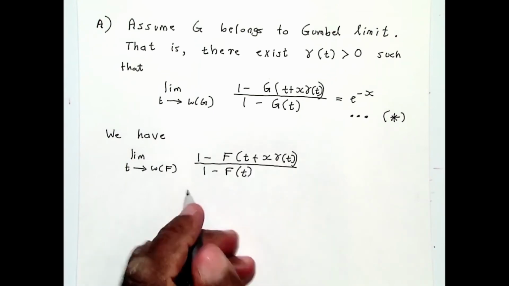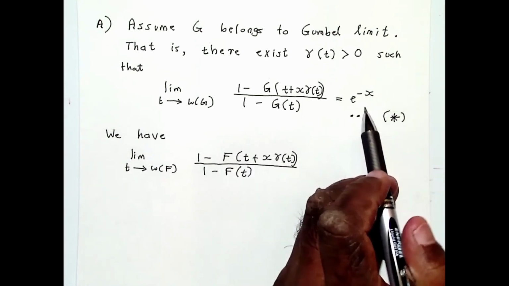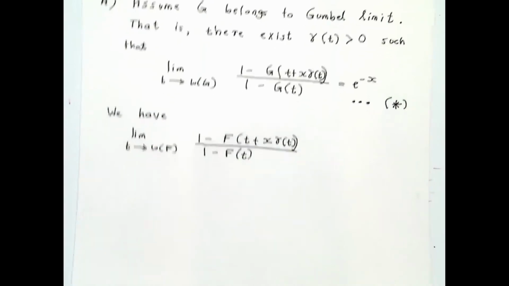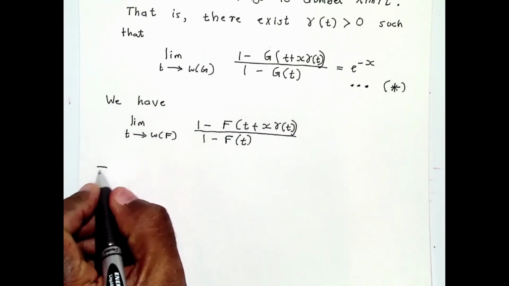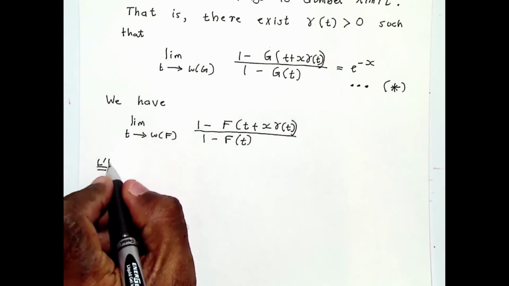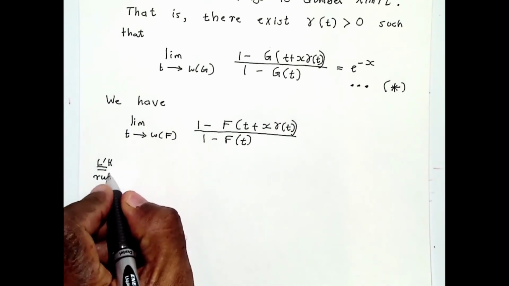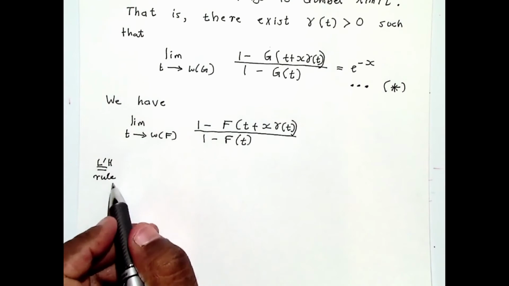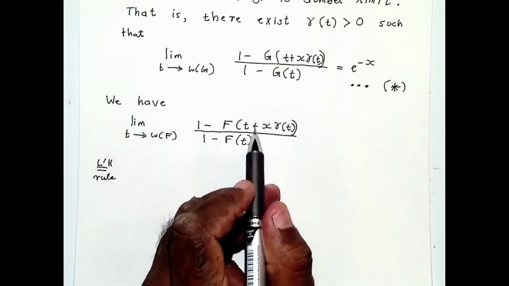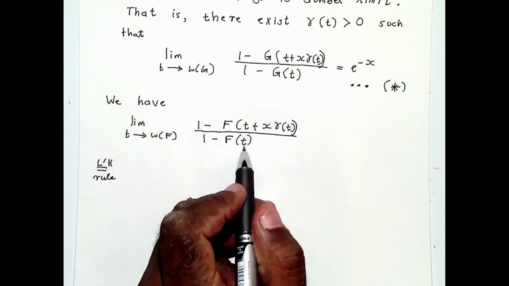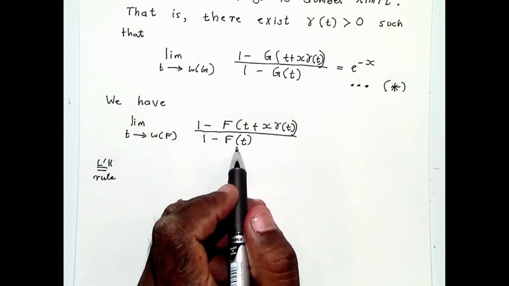Now I need to show that this is of the same type as this. Right? Now the first thing I'm going to do, I'm going to use L'Hopital's rule. Now you can use L'Hopital's rule because as t approaches this, you have 1 minus 1 divided by 1 minus 1, which is 0 divided by 0.